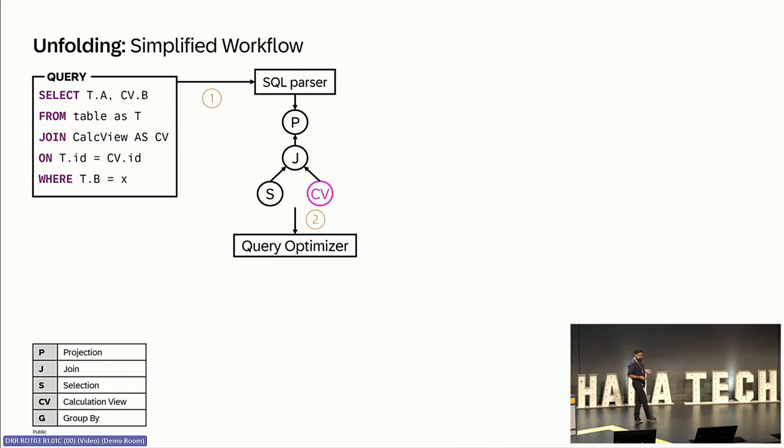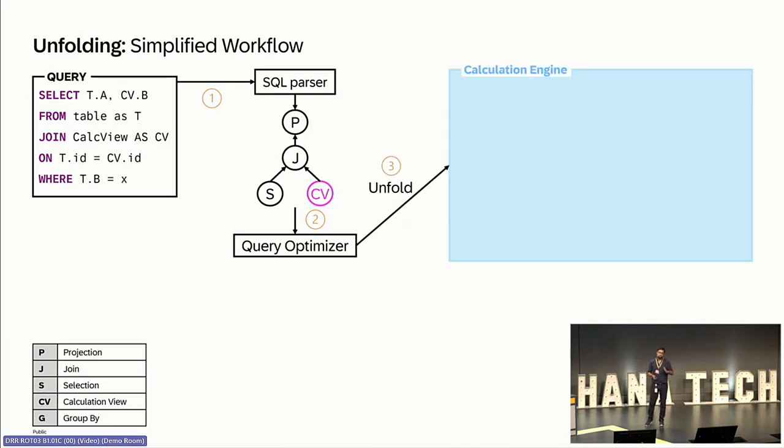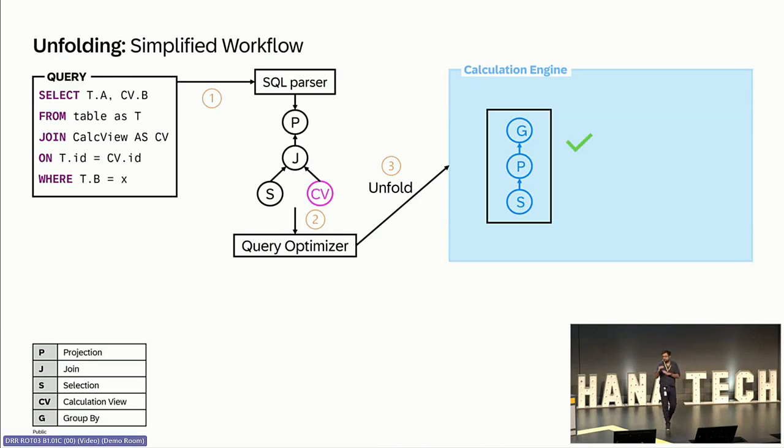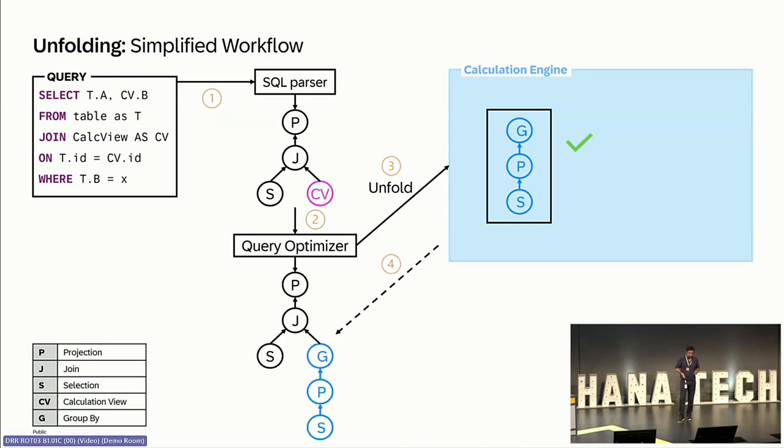When the query optimizer sees this calculation view, it asks the calculation engine to unfold it, meaning the calculation engine generates an equivalent subtree using only relational operations that HEX can execute, and returns it. It is incorporated into the big plan, so we have a big plan containing only relational operations, all of which can be executed by HEX.